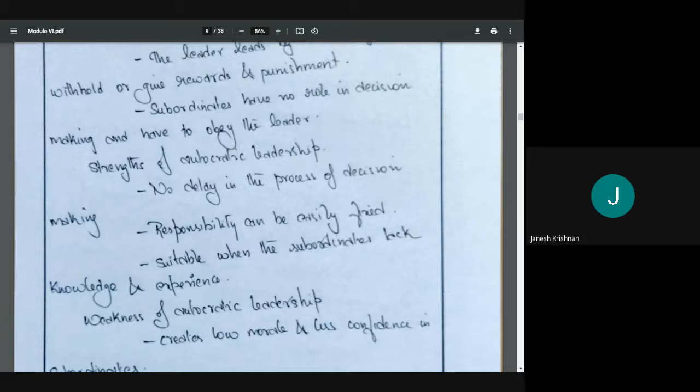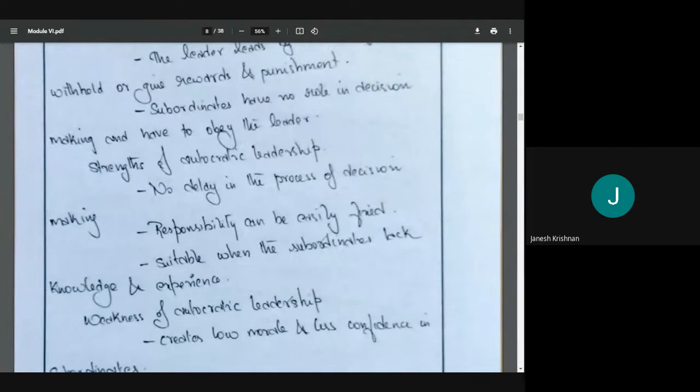Also, responsibilities can be easily fixed. The leader is the one making the decision, so we just have to follow it. Responsibility is with the leader himself. But a leader can also assign: 500 pens have to be made, and person A has to see to it. Now it is the responsibility of A to see that 500 pens are made by the subordinates.